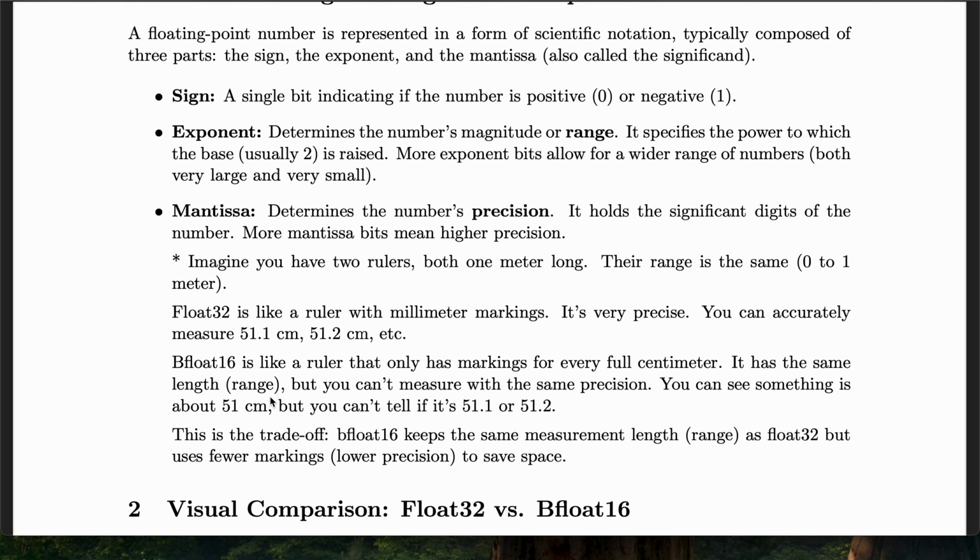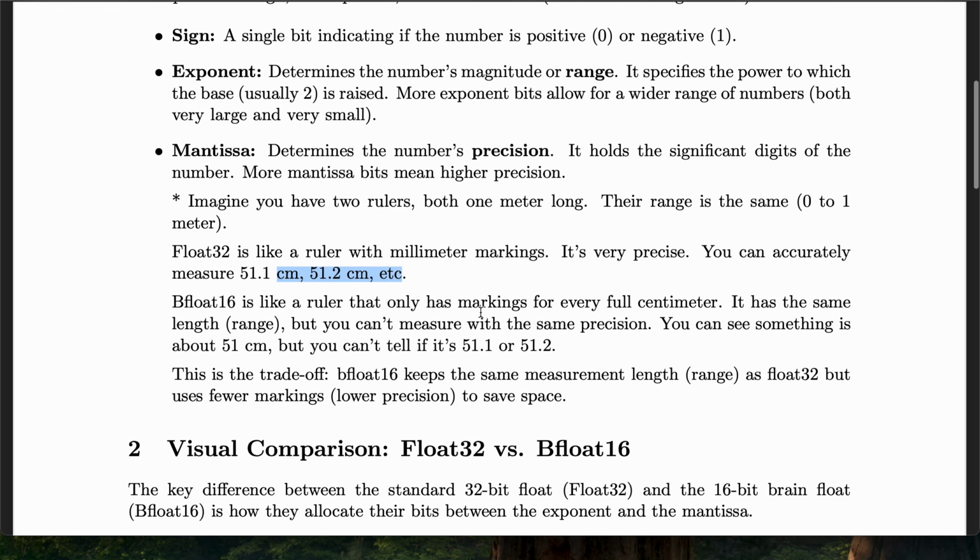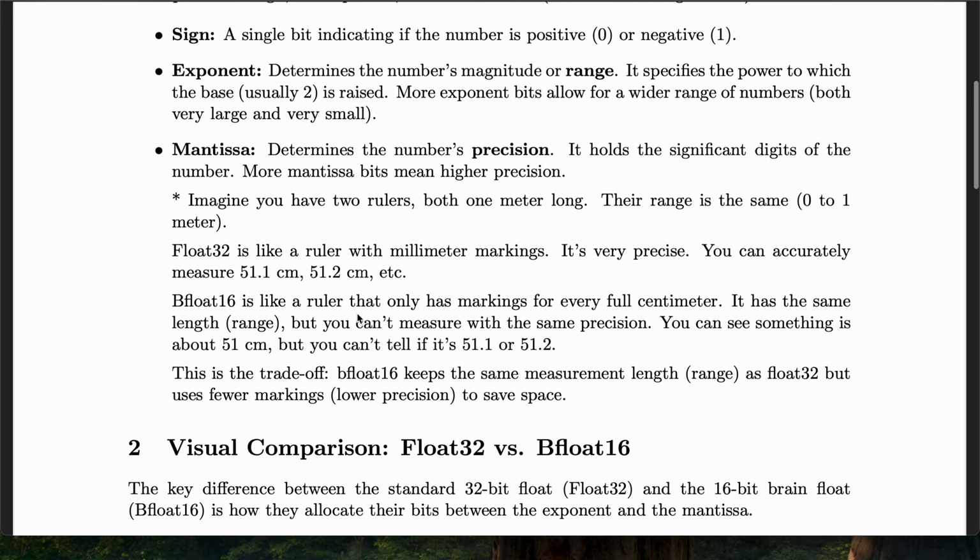You can accurately measure 51.1 centimeters or 51.2 centimeters. However, a Bfloat16 is like a ruler that only has markings for every full centimeter. So it has the same length or range. It has the same exponent, which determines the range, but you can't measure with the same precision.